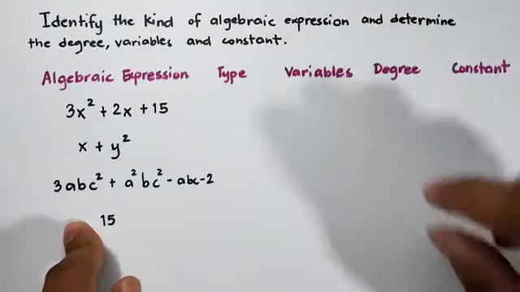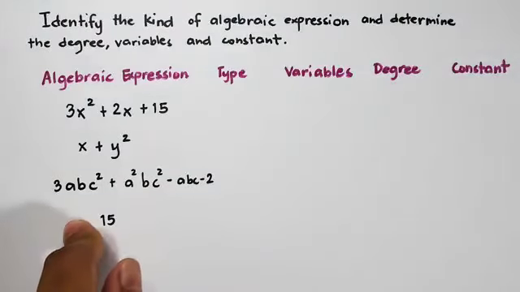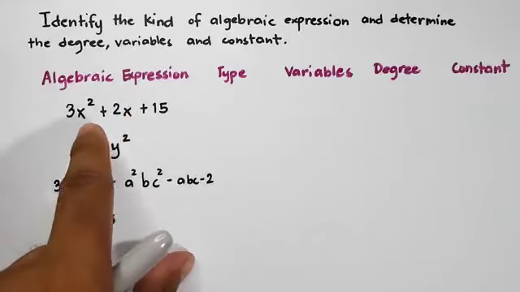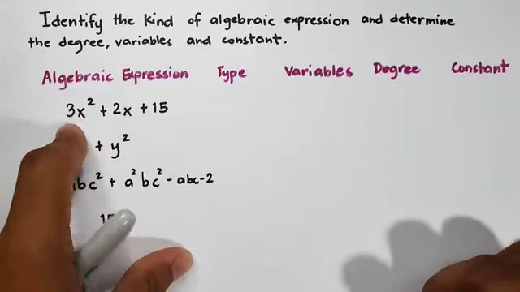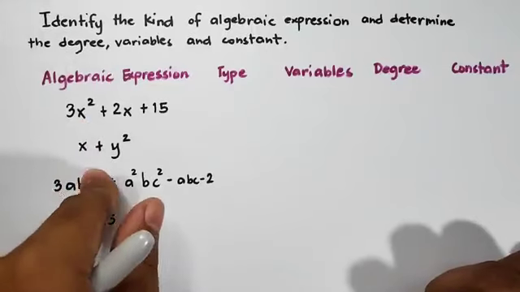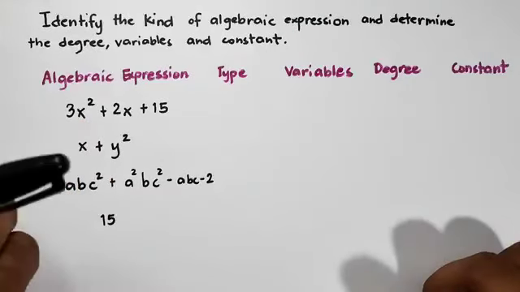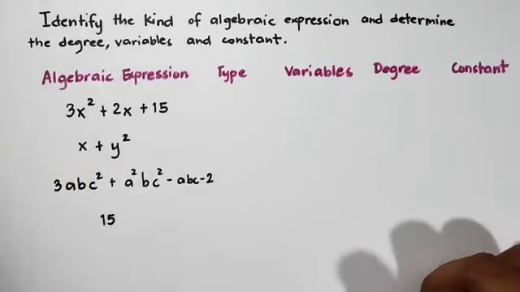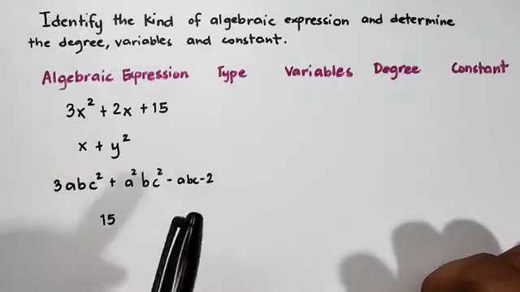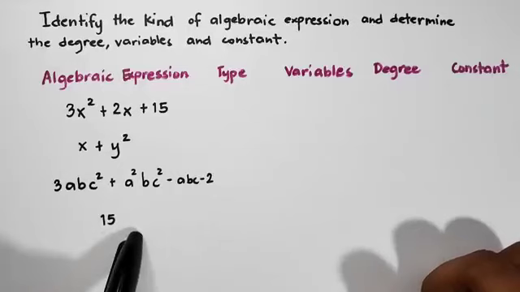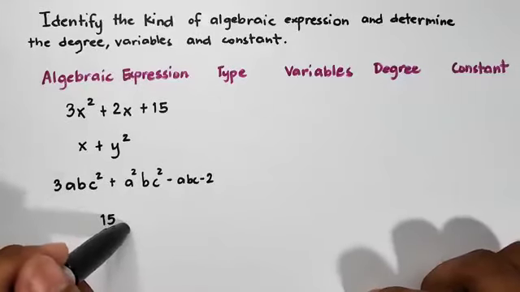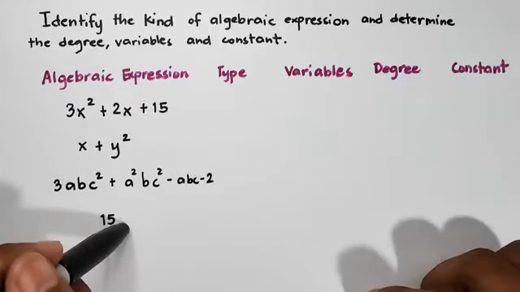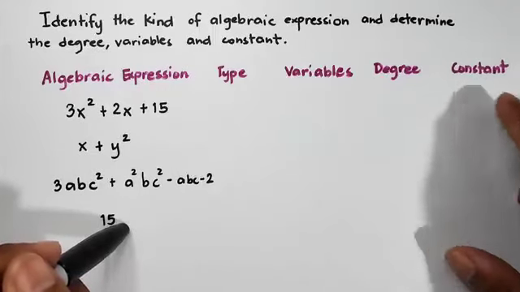For the degree of the polynomial, if single variable lang meron tayo sa bawat term, titignan natin yung merong pinakamataas na exponent. Pero, kung yung bawat term ng ating expression ay merong 2 or more variables, kailangan natin i-add yung kanilang exponents. Okay? And a constant naman is the number without the variable.